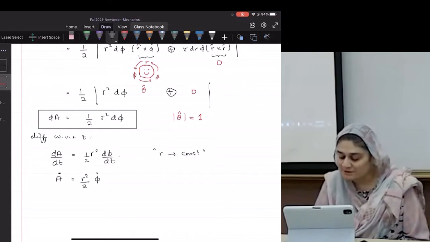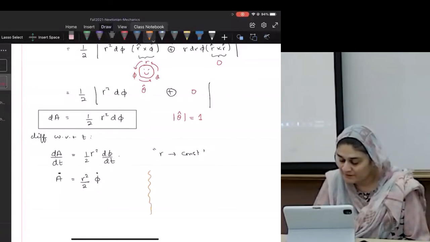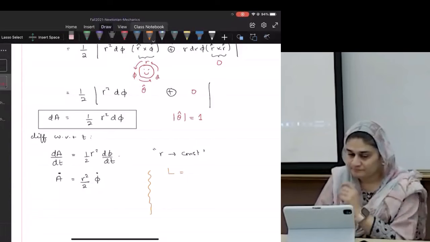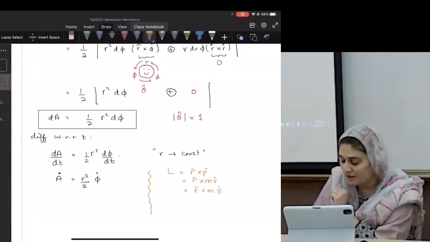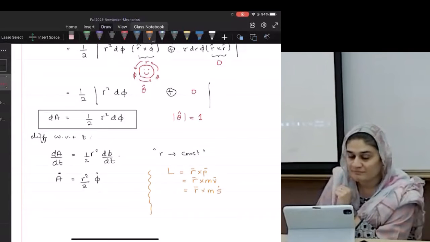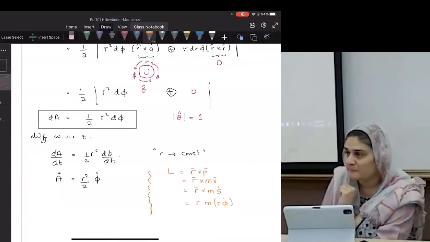And if I consider my angular momentum situation, what is L? r cross p, which can also be written as r times mv. In this case, will v be s dot? When r is a constant, can I write this as r m r φ dot?